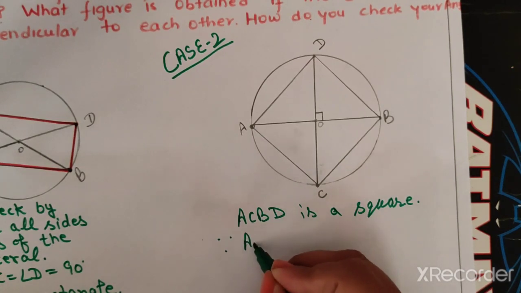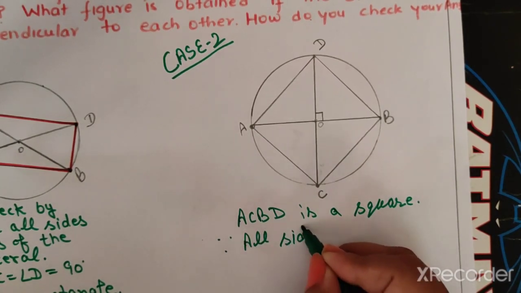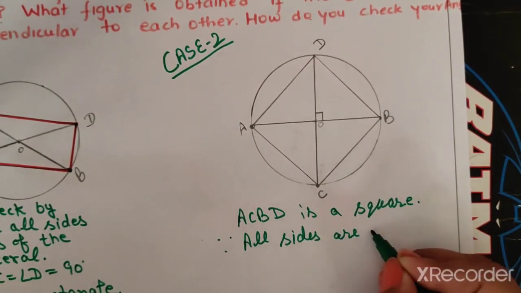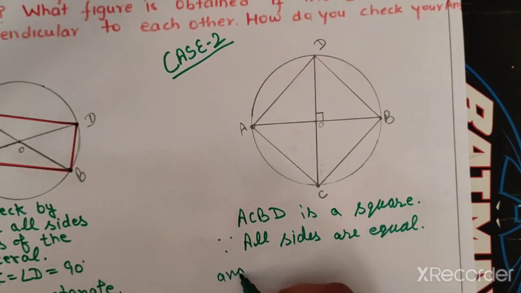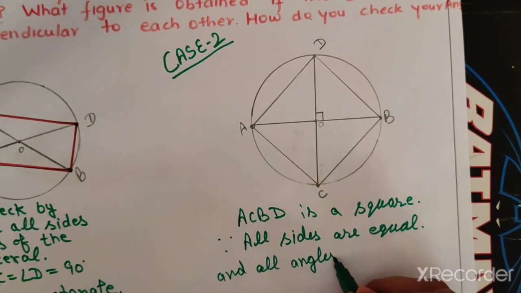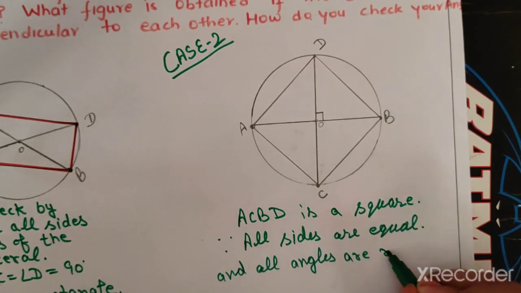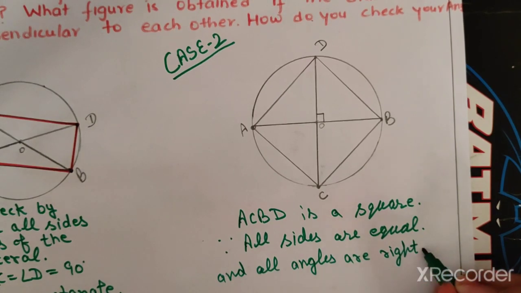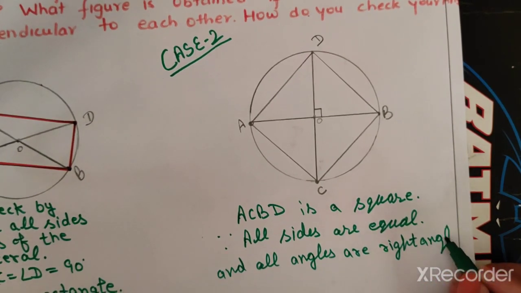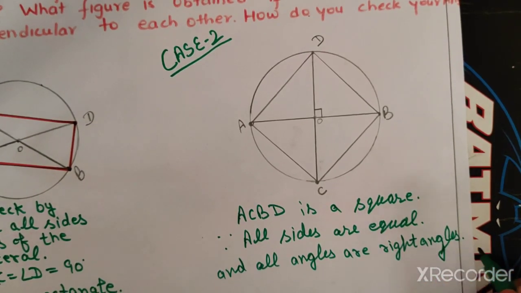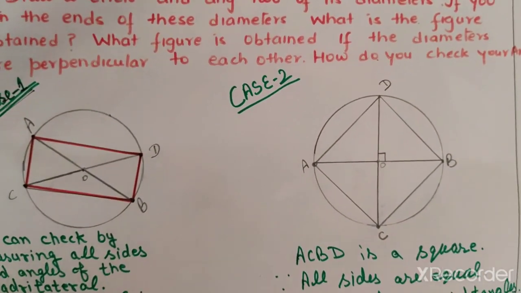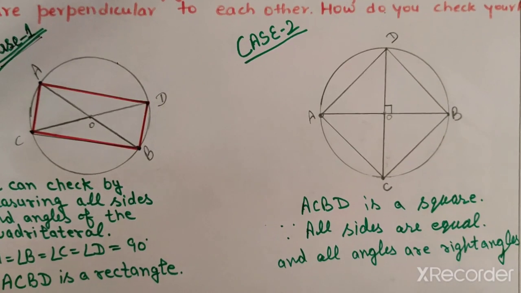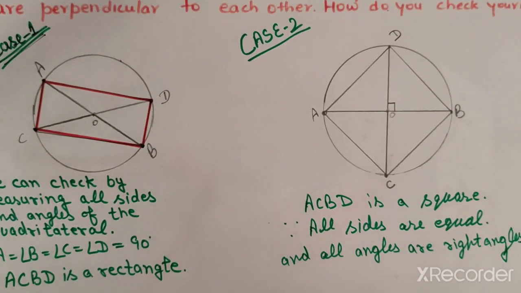Because all sides are equal and all angles are right angles here. So a quadrilateral in which all angles are right angles and all sides are equal will become a square, right? So you have to write down these two answers also.